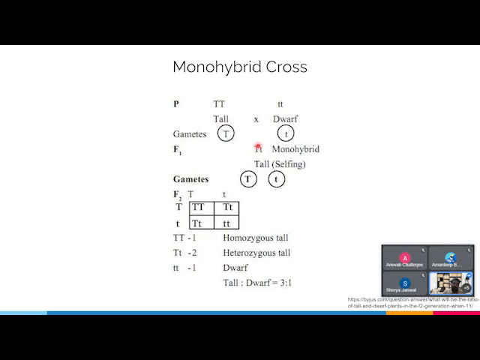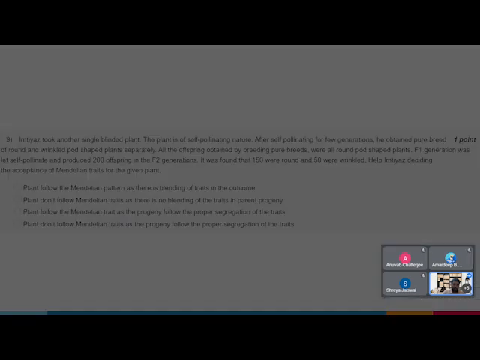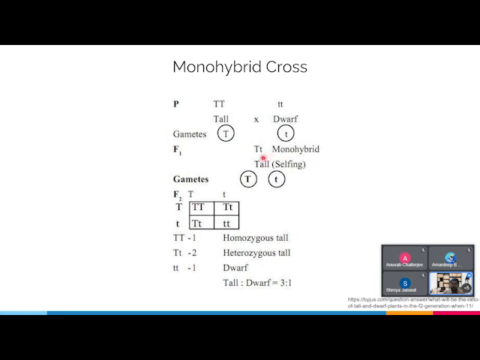So every one of the plants should be tall. Like in his case also, every one of them was round. When he does selfing for the F2 generation, after combination, the phenotypic ratio will be 3 is to 1 and the genotypic ratio will be 1 is to 2 is to 1.